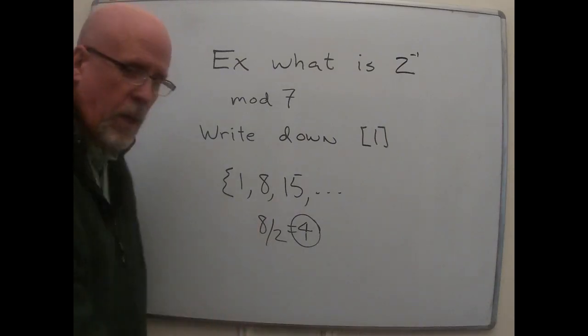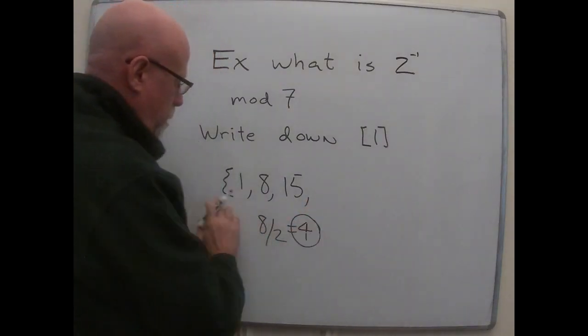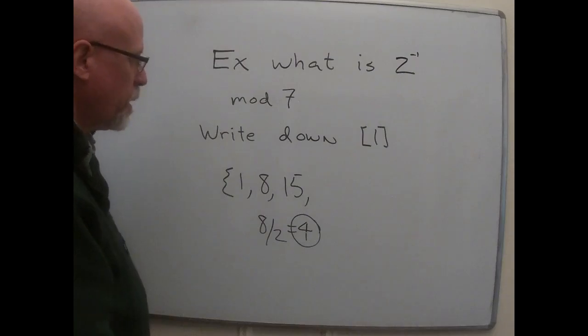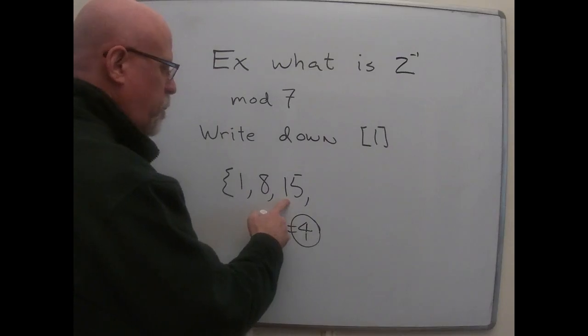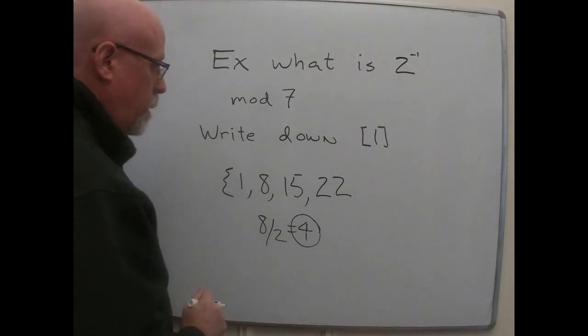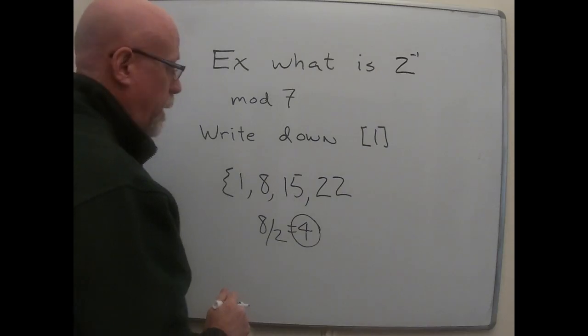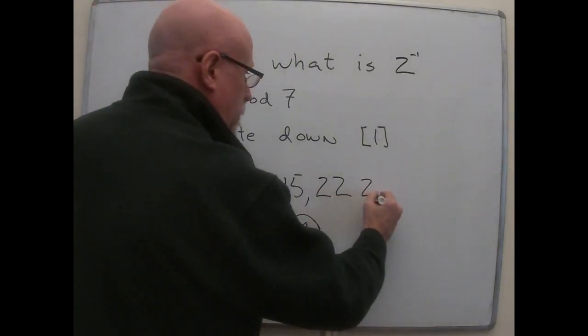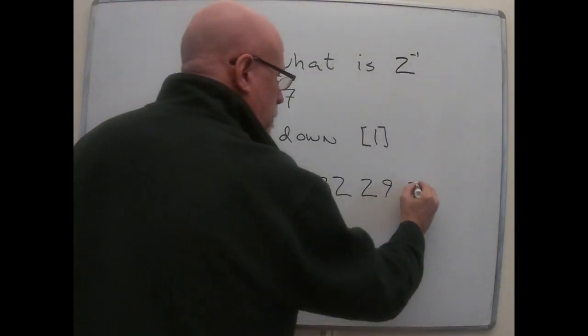Cool? We're going to need this list of the elements of the congruence class of 1, so let me do a bit more of it. Next one will be 22. Then, add 7, 29. And add another 7, 36.